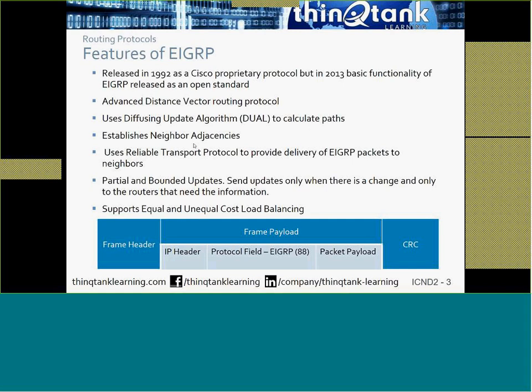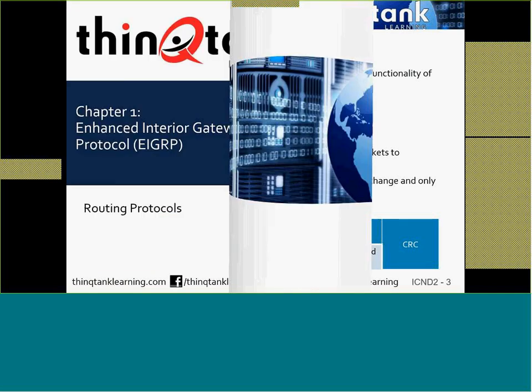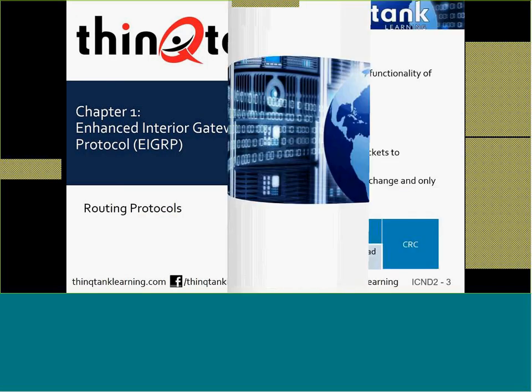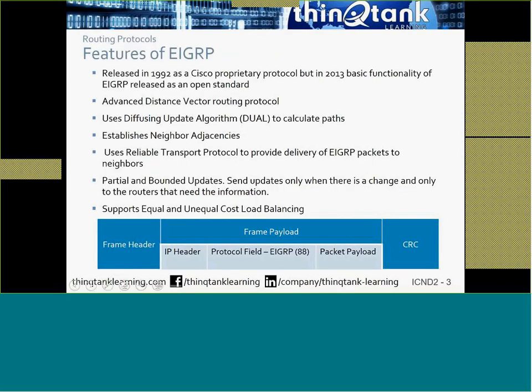It is an advanced distance vector protocol, right? So we talked about the concept of advanced distance vector when we were doing our original discussion, and how advanced distance vector is a little bit limited because it doesn't have a complete picture of the entire network. It does routing by rumor.